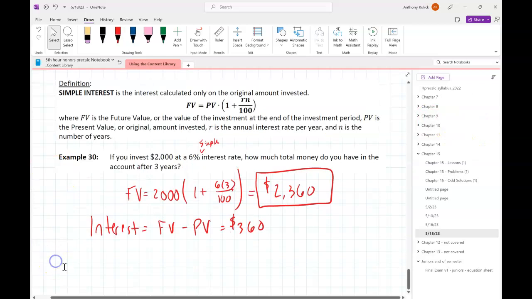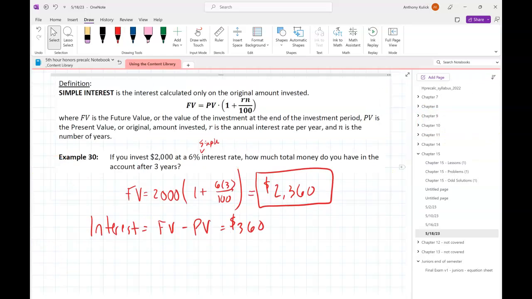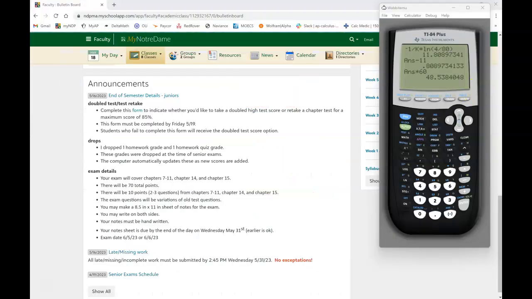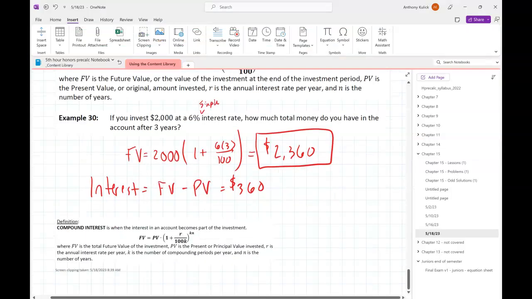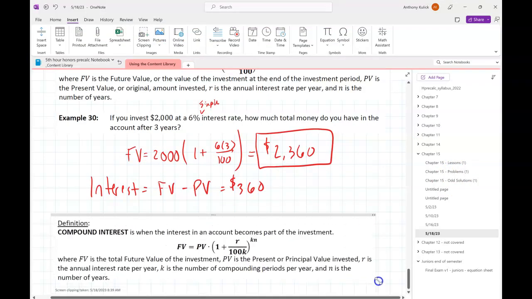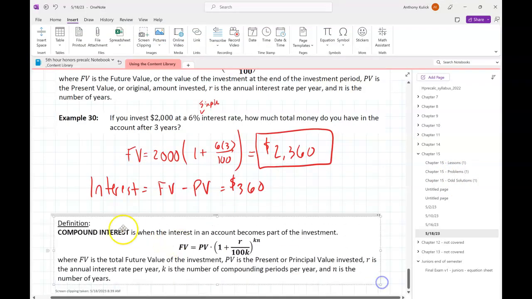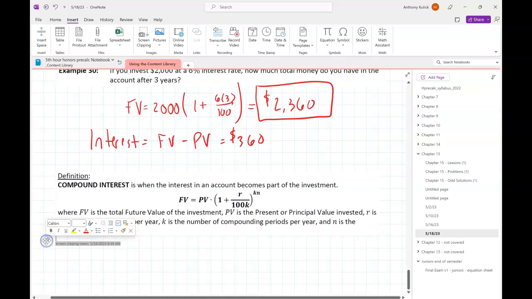Okay. What if instead of using simple interest that nobody uses, let's be clear, we do compound interest? What compound interest says is that each time the interest is calculated, the value of the account is going to be used instead of the initial investment.